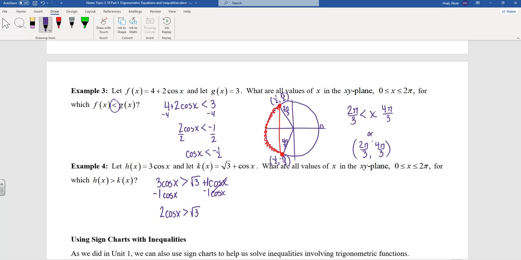And then, Matthew, what do I need to do next? Divide by 2 to get that cosine by itself. So I'm getting cosine of x is greater than square root of 3 over 2. So we're going to the unit circle here.